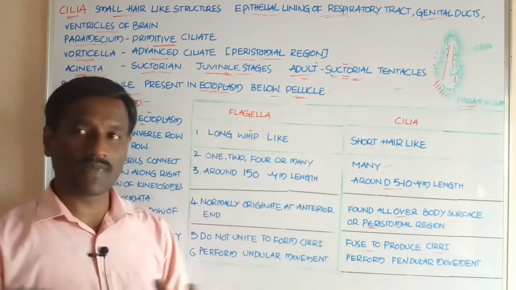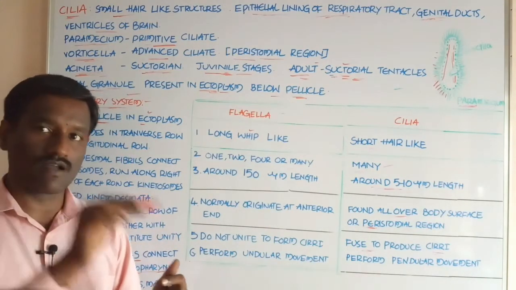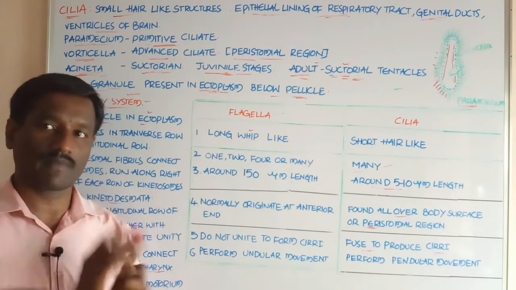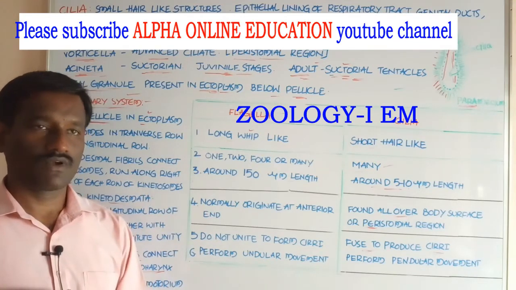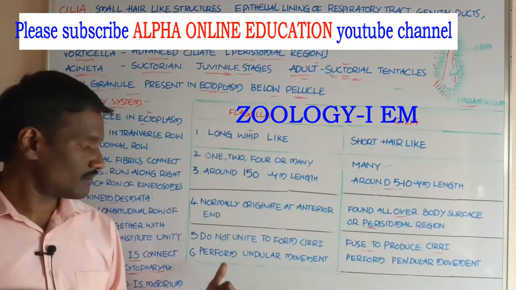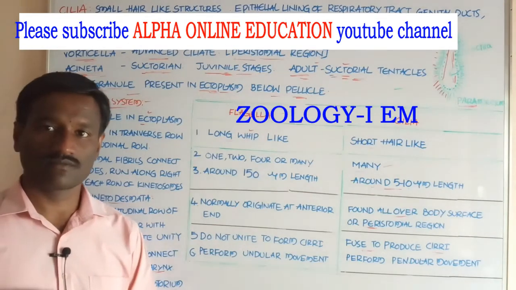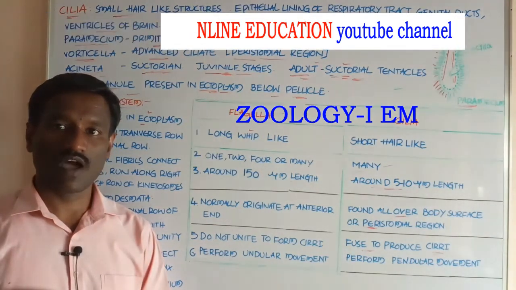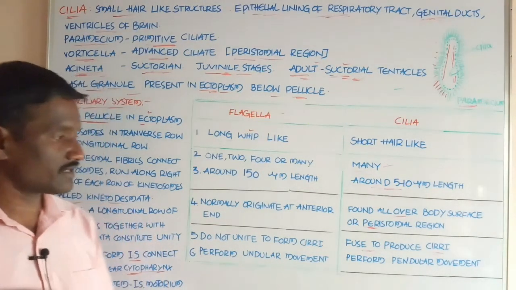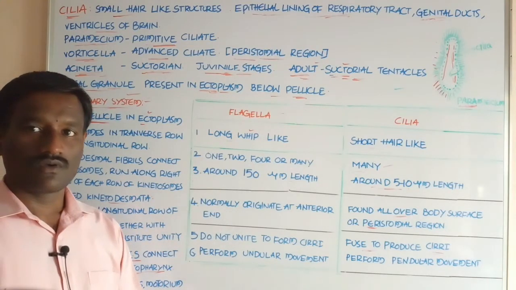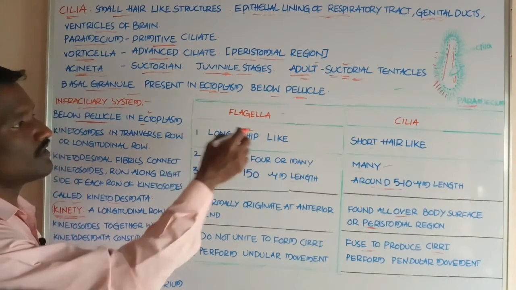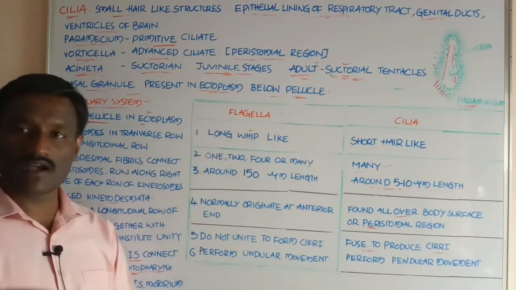Cilia perform pendular movement, up and down movement. Students, this is about the differences between flagella and cilia.